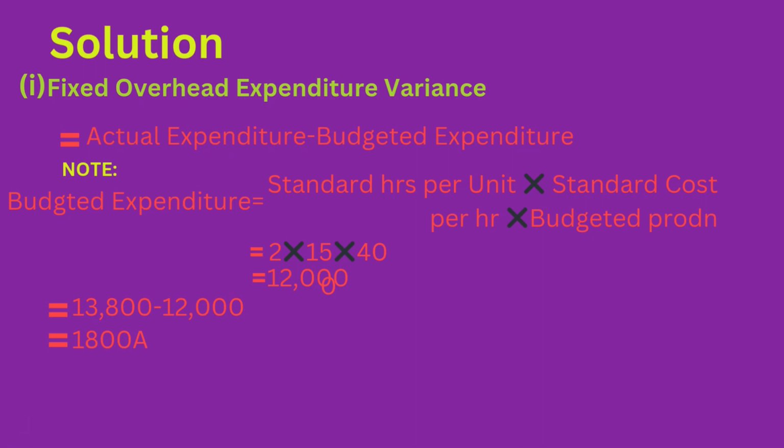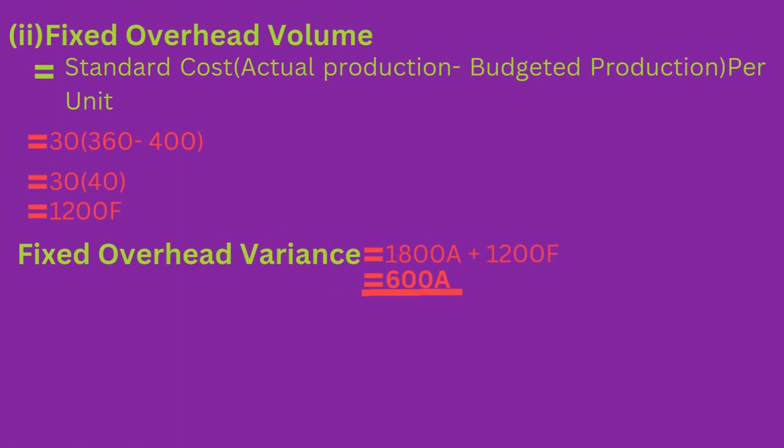So it will be 13,800 minus 12,000, which will give us 1,800. And because the actual cost is greater than the standard cost, that will be adverse. So we will have 1,800 adverse.